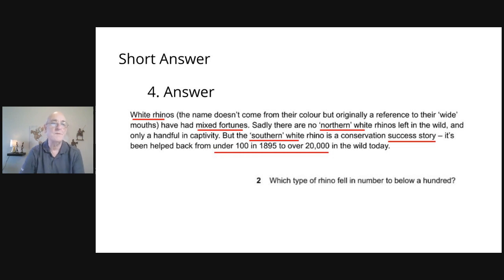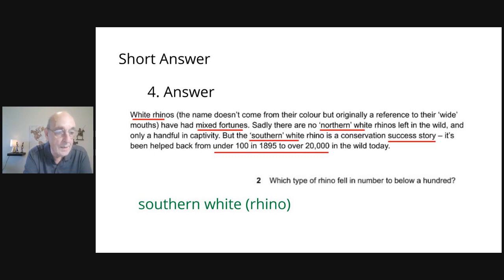So now we clearly have the answer to our second question, and that's the southern white rhino. Now, again, you could use all 3 words and say southern white rhino. But if you just chose 2 and put southern white, that would also be acceptable. So let's go on to the next question.